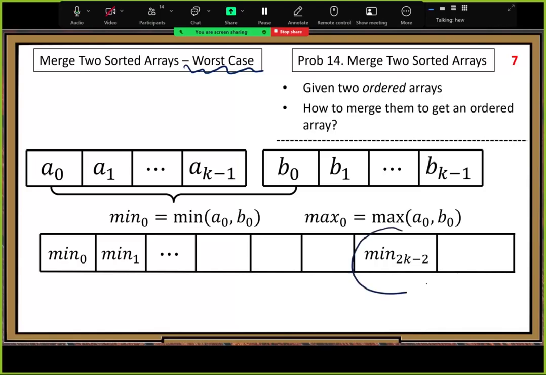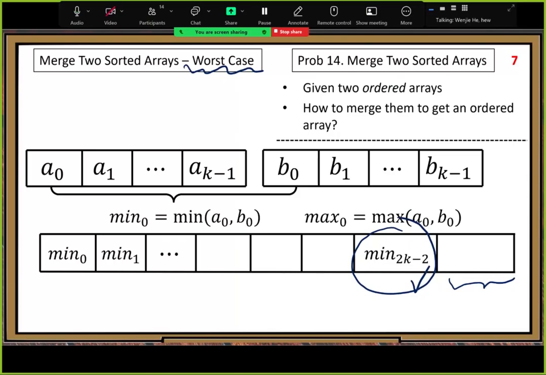That is this one, because after you put this element in place, you only have one element remaining, and then you don't need to do a comparison. With only one element left, you just drop it in place directly.